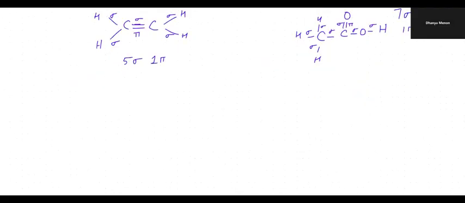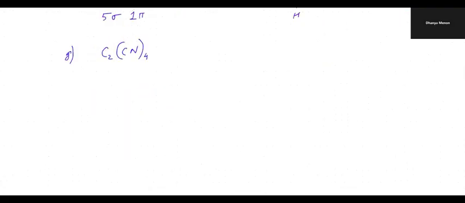Okay. Then one more example is C2(CN)4. Okay, so as I told you, don't get worried about the formula for the organic compounds. Okay, this is the cyanide group CN. You will be learning about this. Okay, here for now, I'm just drawing the structure, carbon-carbon double bond here, just to identify the sigma and pi bonds. That's it.